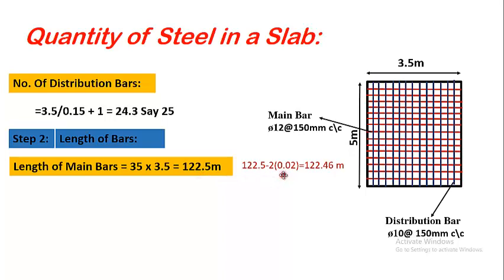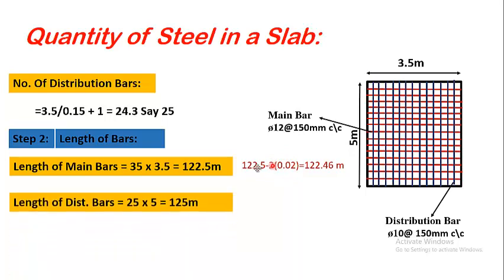Let's assume we have used a clear cover of 20 millimeters, which is 0.02 meters. By subtracting clear cover from both sides, we will get 122.46 meters. As you can see, 122.46 and 122.5 are almost equal, and subtracting clear cover does not make much difference.